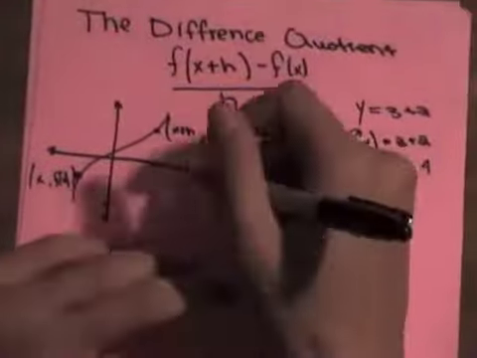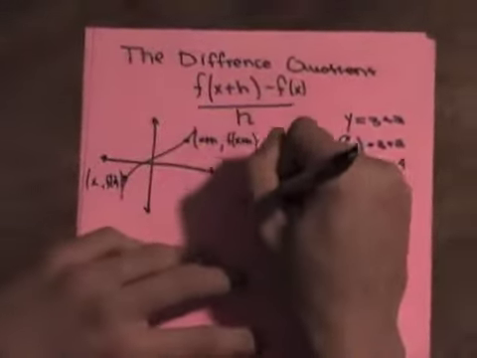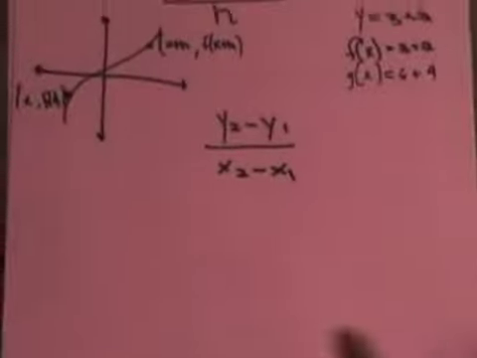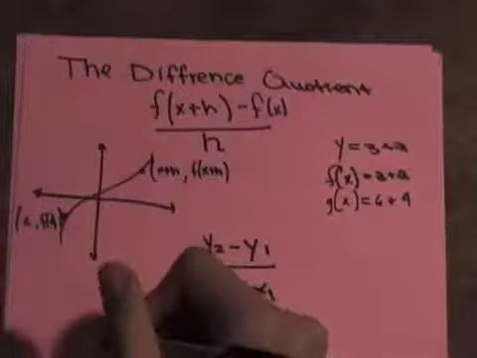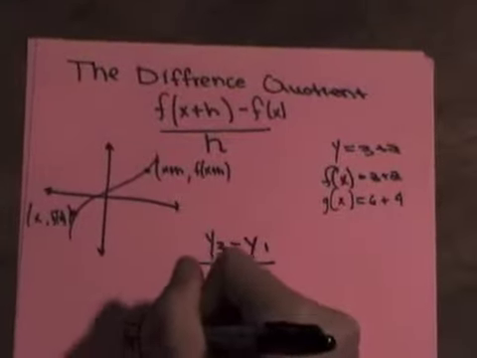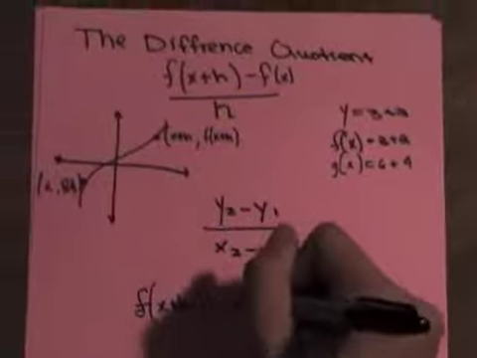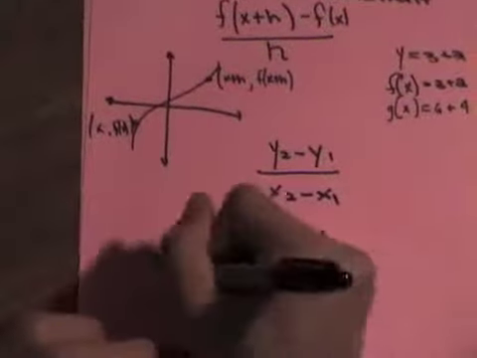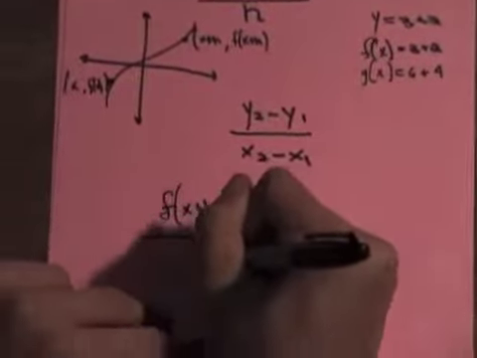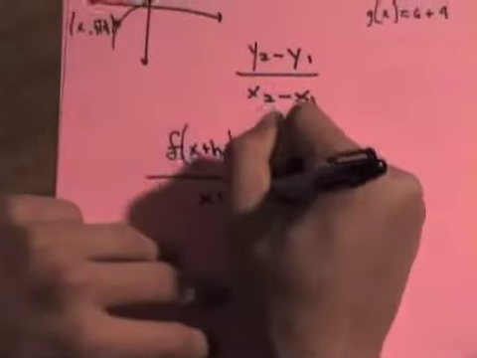So you're going to use the slope formula, which is y2 minus y1 over x2 minus x1. So you plug it in, really easy. f of x plus h minus f of x over x plus h minus x.